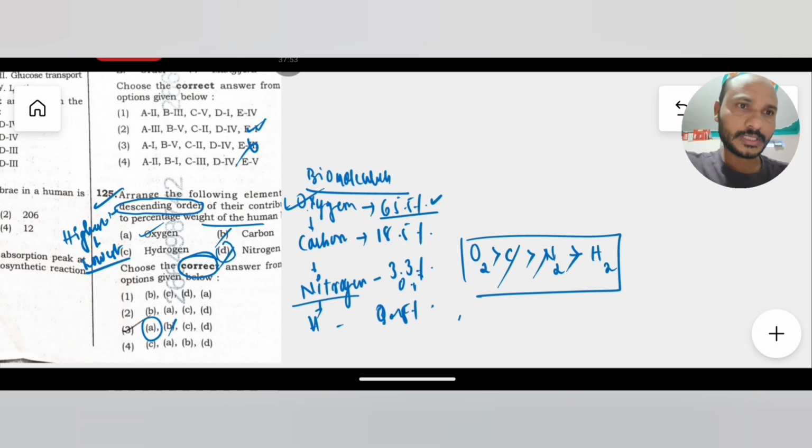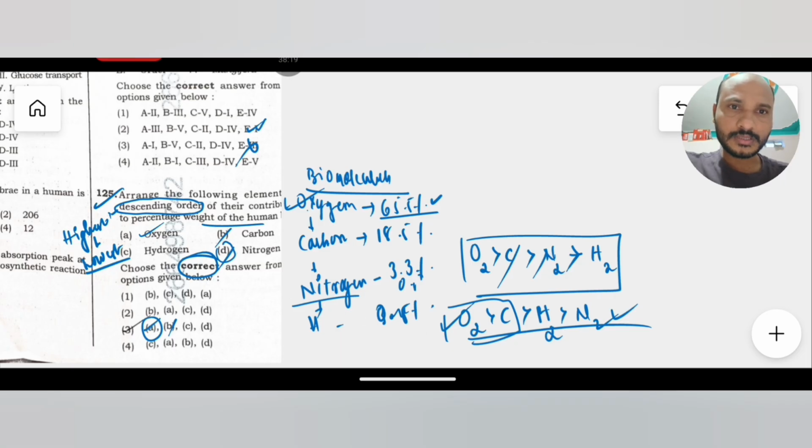Remember oxygen is greater than carbon, and carbon is greater than hydrogen and nitrogen. If you have this answer, we can choose it. So remember always oxygen is the highest element in the human body, and then carbon. If you choose these two, we can make the answer correct. So here oxygen A and carbon B, then hydrogen C and D, A, B, C, D. So right answer is third one.